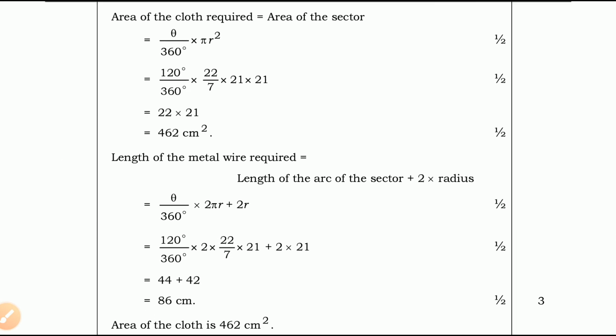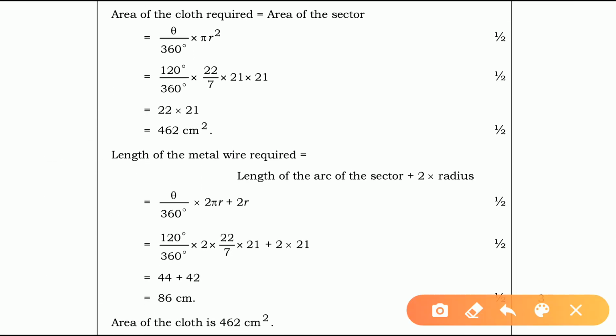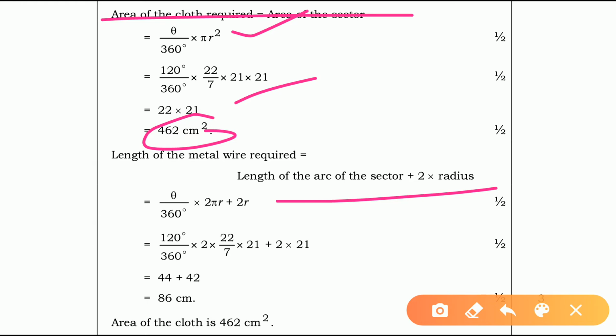And the second question. Area of the cloth required is equal to area of the sector. Using the formula, pi is equal to 22 by 7, r is 21, so 22 by 7 into 21 into 21 is the area of the cloth required. Length of the metal wire required is equal to length of the arc of the sector plus 2 times the radius, that is theta by 360 degrees into 2 pi r plus 2r.